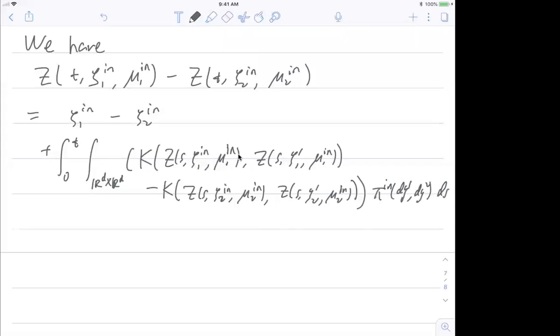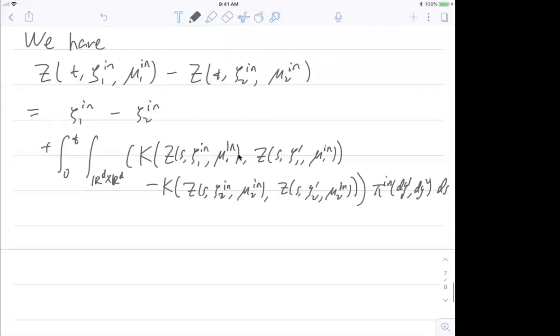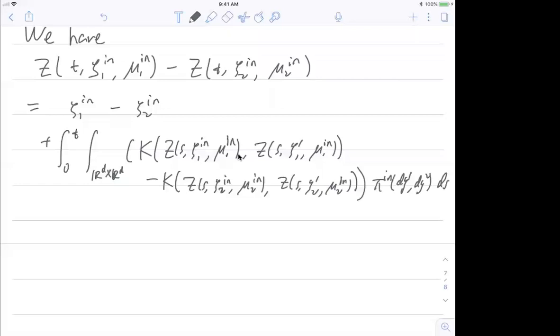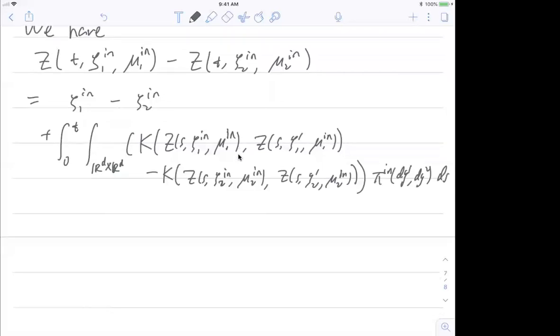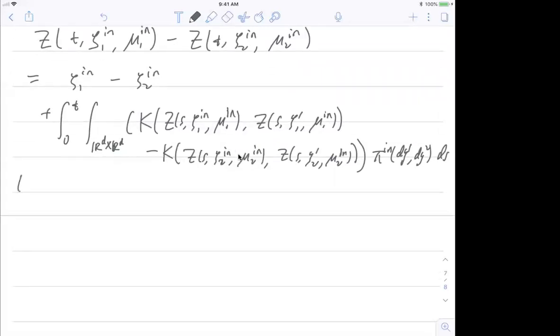Okay, so now we use the Lipschitz property of k. So k is Lipschitz both in the first variable and the second variable. So in particular, we use this. Let's say we have a prime, and we take the difference of k b prime. So we just get L times a minus a prime plus b minus b prime.